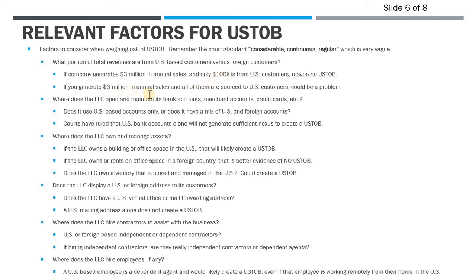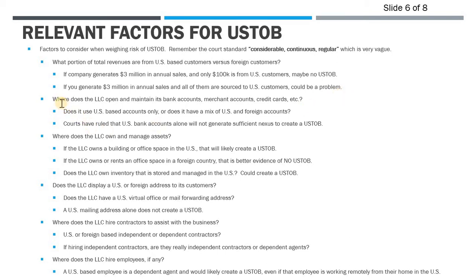But what if you had $3 million in sales and all of them are from a U.S. customer? Well, maybe. That's a fact tipping in the direction of maybe having a USTOB, right? If a court looks at that and says, the standard is considerable, continuous, and regular, you've got a lot of sales and it's all U.S., that might be a bad fact pattern for you.